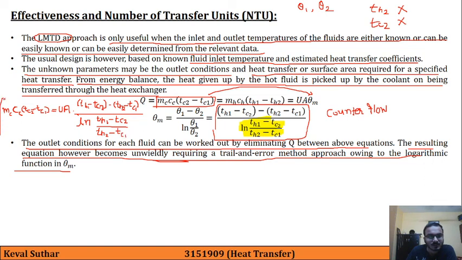So this is the way we need to arrange the equation.